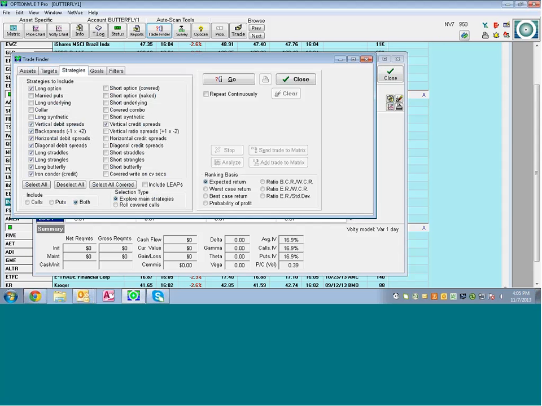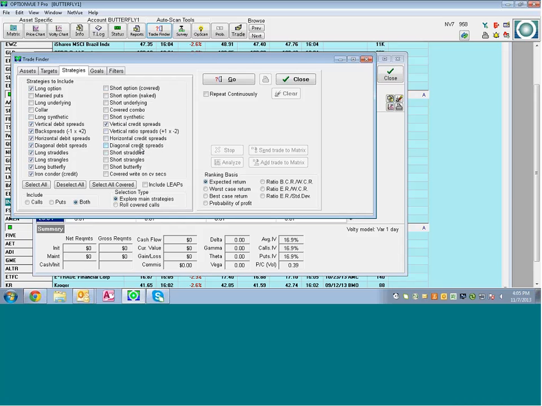Now we can go to strategies. When we go to strategies, we've got so many choices. This is a wonderful screen because it goes through pretty much every option strategy you could ever possibly imagine, everything from long options, married puts, collars, the vertical, meaning the same month, spreads, back spreads, debit spreads, straddles, strangles, butterflies, and condors, and then short options that are covered, short options that are not covered, covered combos, synthetics, vertical, meaning the same month, credit spreads, ratio spreads, horizontal, meaning 2 different months.